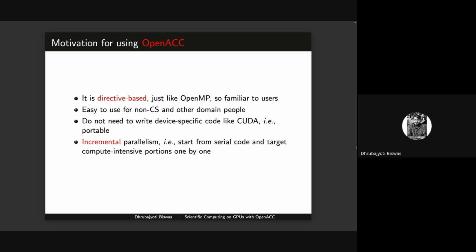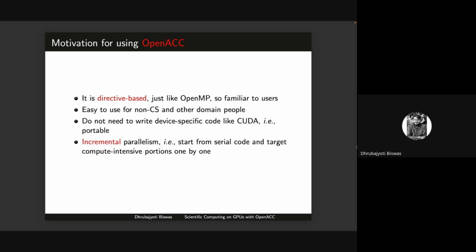In that case, if you have to use CUDA or OpenCL, that serial code is useless for you. You have to go back to the drawing board and write it from scratch pertaining to the standards of CUDA or OpenCL. But using OpenACC, just like OpenMP, you don't need to do that. You take that serial code and you look into the portions which take a lot of time.